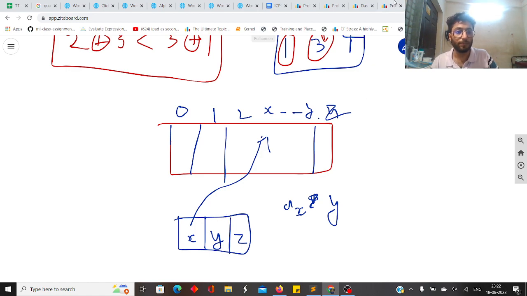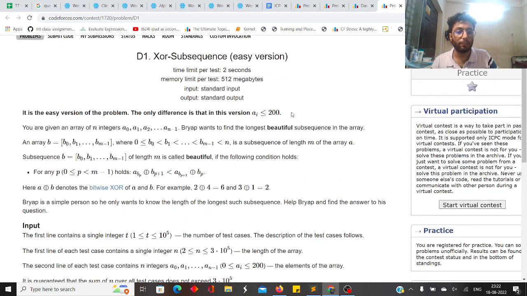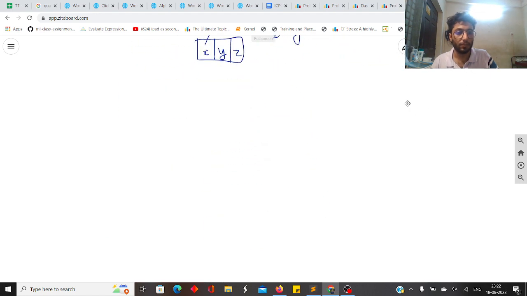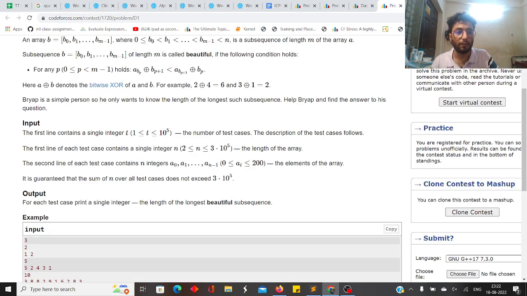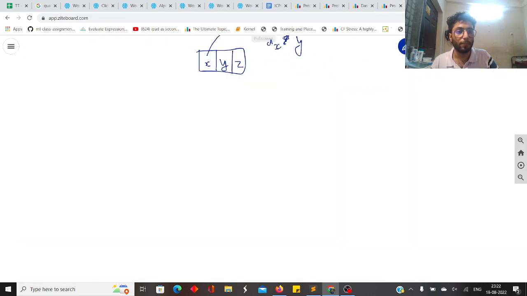The thing that we can notice is that all the array elements are initially less than or equal to 200. So let's see what can be the maximum difference between two of the values that we can have. My array is up till a length of 3 times 10 to the power 5.